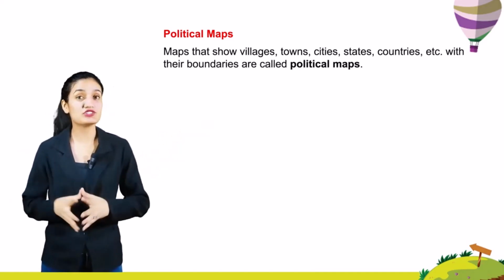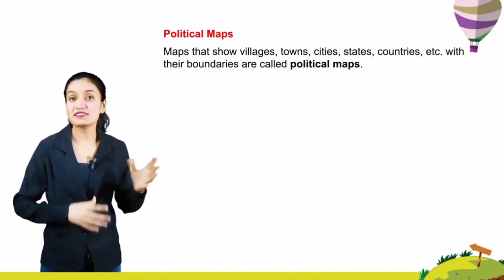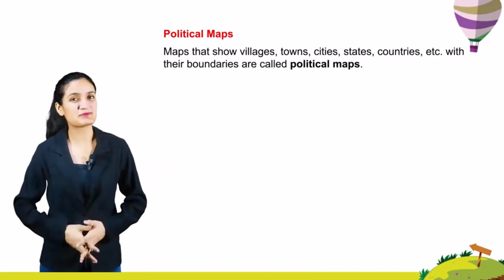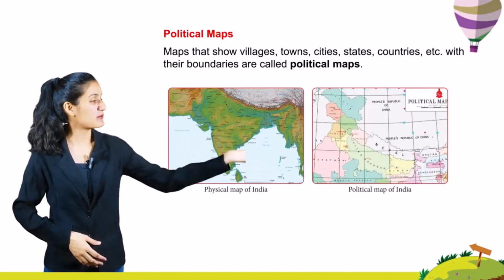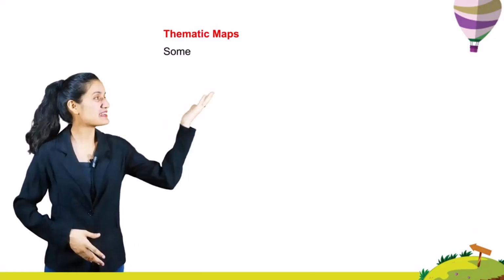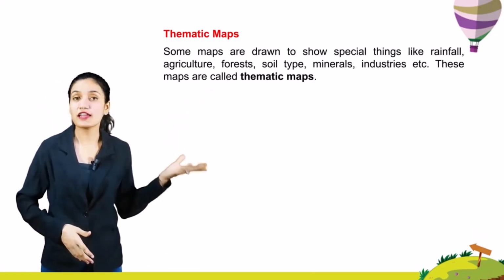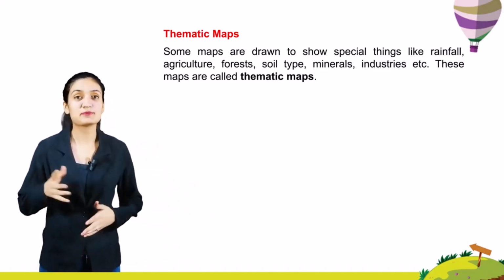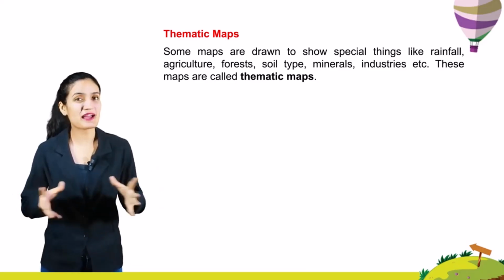Maps that show villages, towns, cities, states, countries, etc. with their boundaries are called political maps. Here you can see the pictures of the physical map of India and the political map of India. Thematic maps. Some maps are drawn to show special things like rainfall, agriculture, forest, soil type, minerals, industries, etc. These maps are called thematic maps.